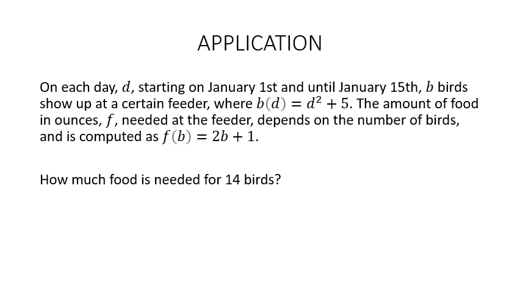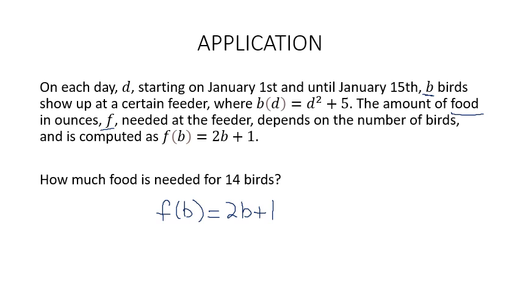The first question, how much food is needed for 14 birds? We need to choose the correct equation. This one here has food as a function of number of birds. So this says that f of b is equal to 2b plus 1. So food in ounces is f, number of birds is b.